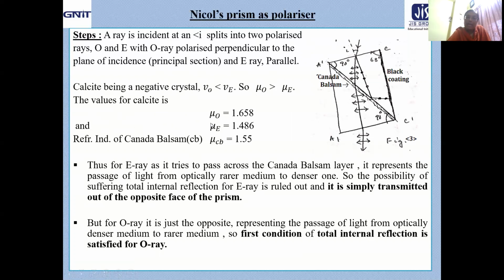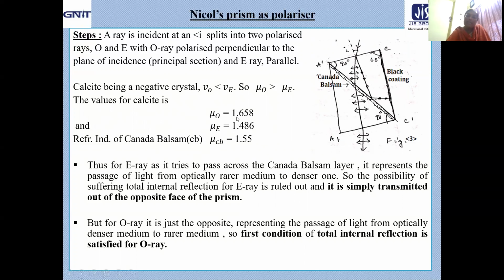Now for calcite, we know the refractive index inside calcite for O ray is 1.658, and the refractive index of calcite for E ray is 1.486 in other directions, but in the direction of the optic axis it is 1.658, the same one. Now look here, the refractive index of Canada balsam, that is mu CB, is 1.55.